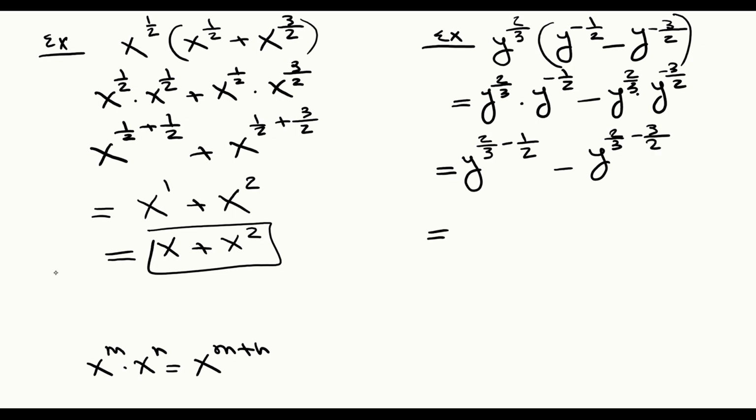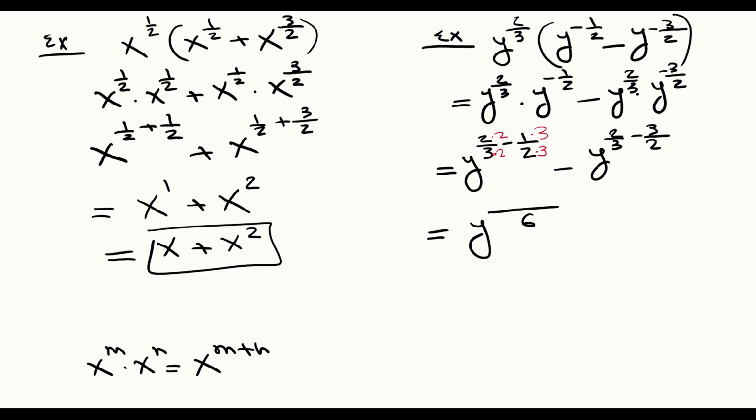And again, we're going to need a common denominator of 6 here. And that's going to require us to multiply both the numerator and denominator of the first fraction by 2 and the second fraction by 3.